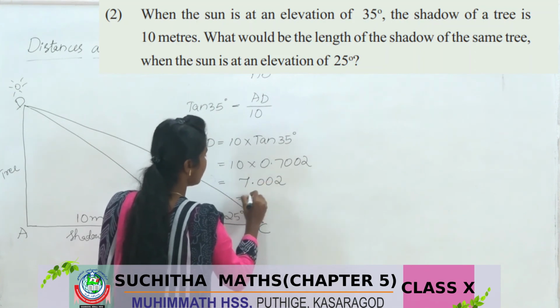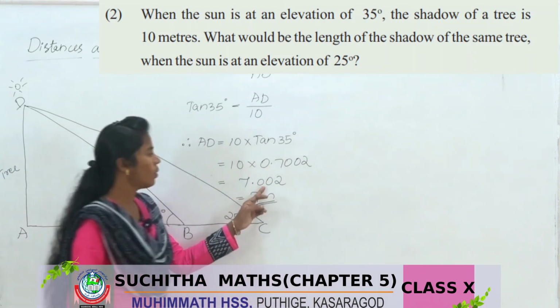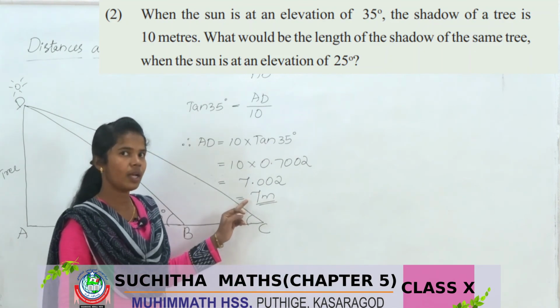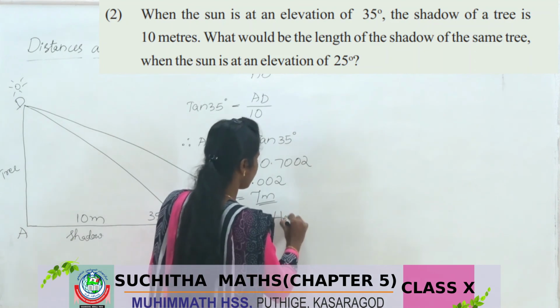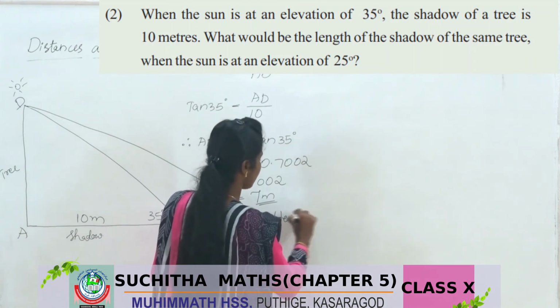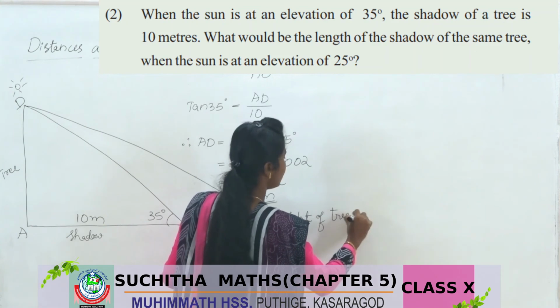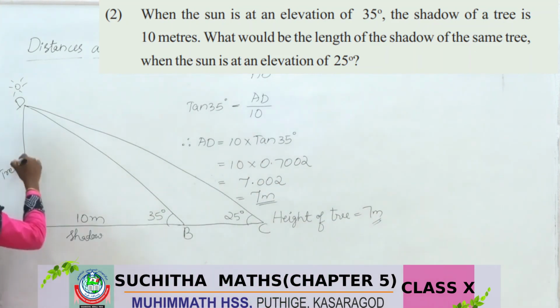That is equal to 7 meter. 7.00 is approximately equal to 7. So, therefore, the height of the tree is 7 meter. This length is 7 meter.